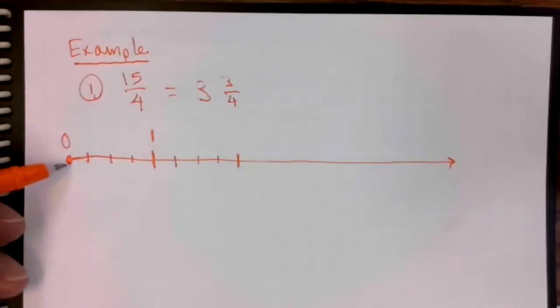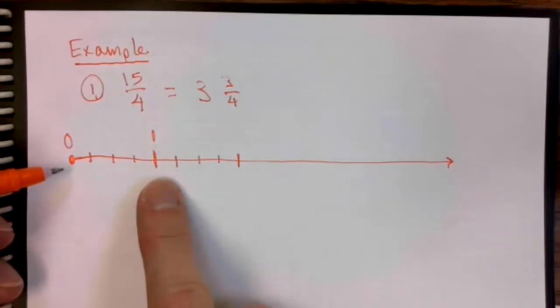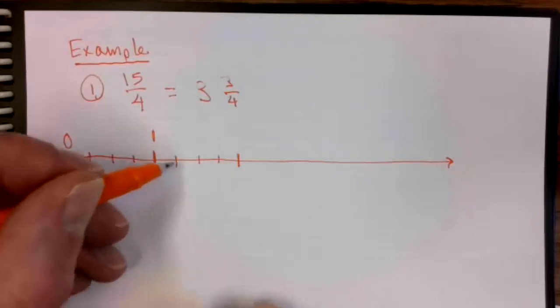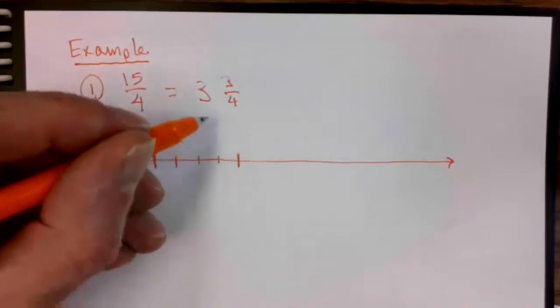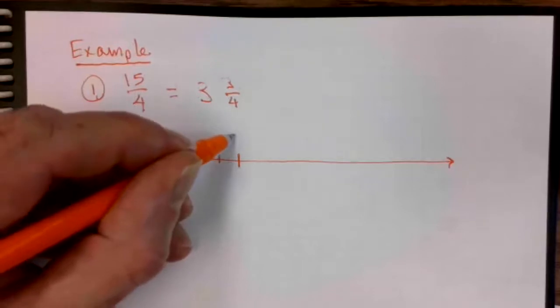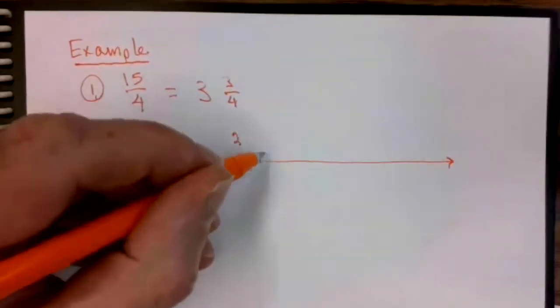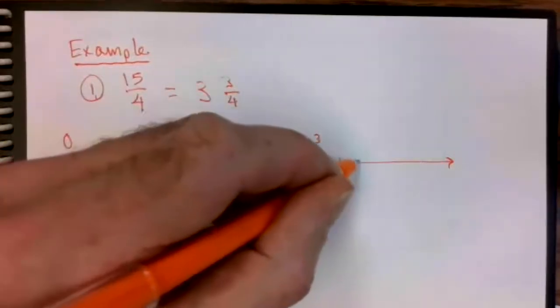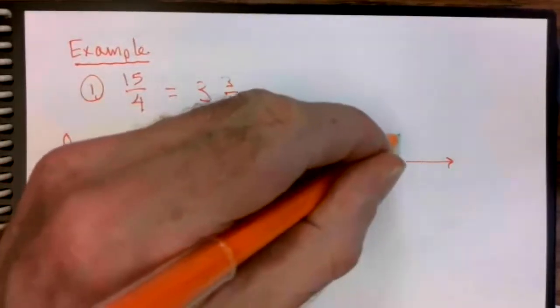So when we're dealing with fourths, we want to cut things up into 4 pieces, okay? So we want to cut our segment from 0 to 1 into 4 equal pieces, 1, 2, 3, 4. Now where am I? I'm at 2. I'm at 3. Here I'm at 4.